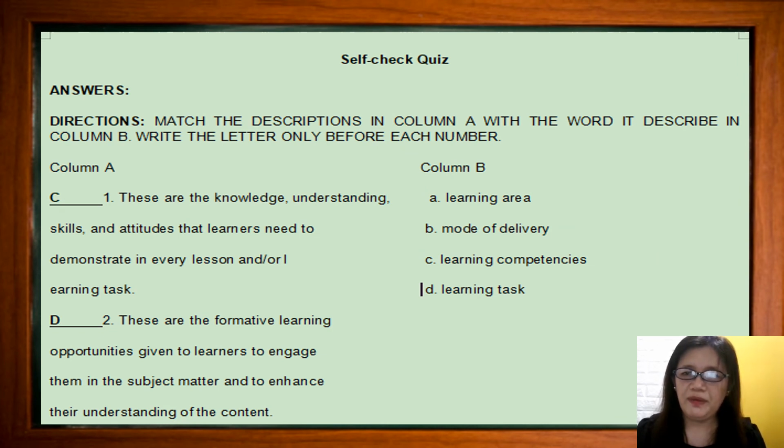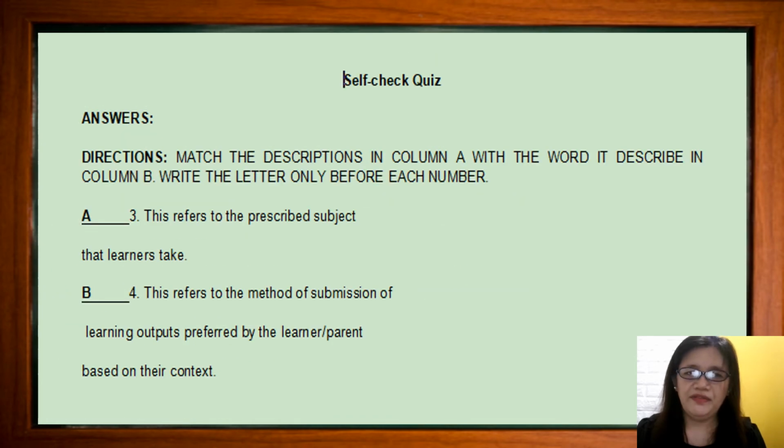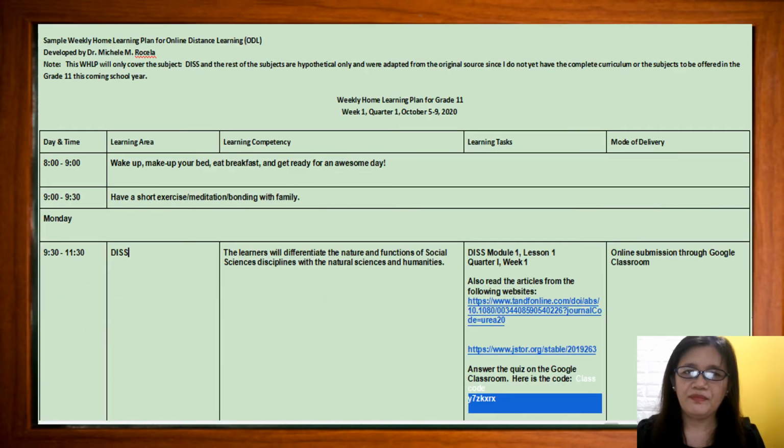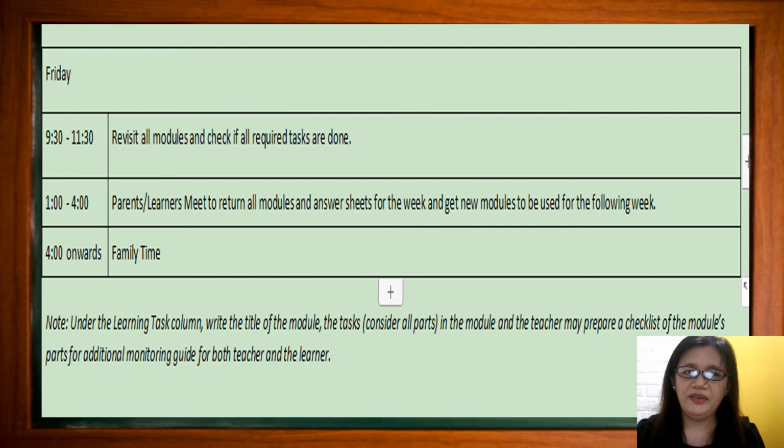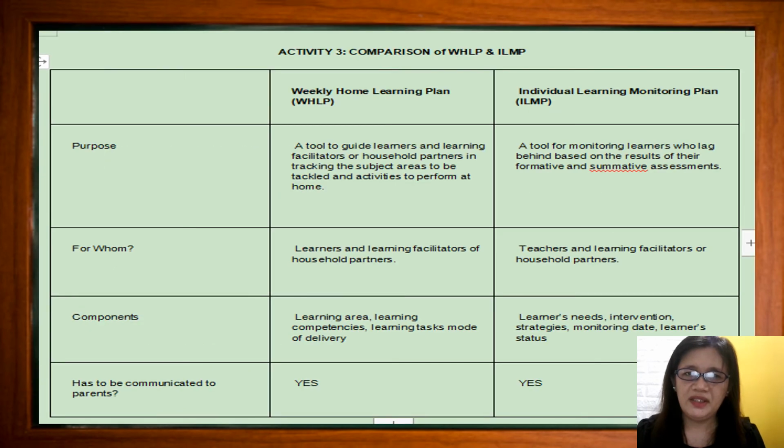It's also part of our e-portfolio. And there's also a sample weekly home learning plan for online distance learning. And then another one is the comparison of the WHLP and ILMP.